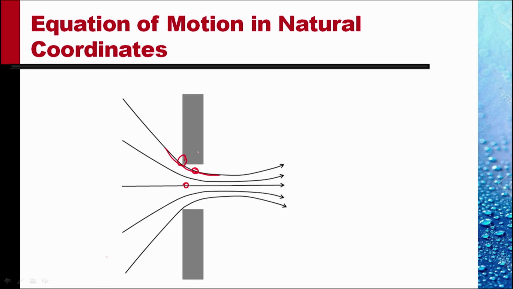Pressure on the outside is atmospheric, so the pressure at the center of the jet would be more than the atmosphere. It is only later, when the flow straightens out at a location which we call the vena contracta, where the flow is straightened out, that the pressure should be equal all across.